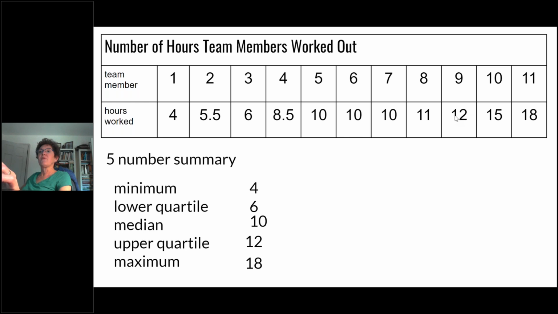So this tells me from 12 to 18, that's a 6-hour spread, whereas down here it's only a 2-hour spread. So I've got more team members working down here in the lower half of my numbers. It's the same number of numbers, remember, but they're concentrated more down here. They're not having a lot of people working up in the 18 hours.